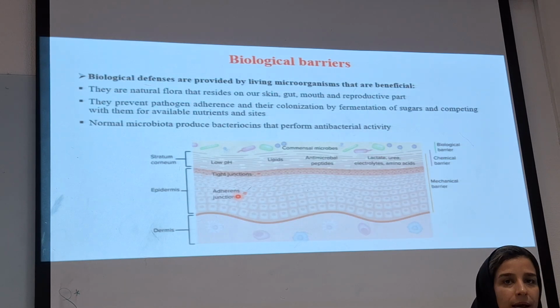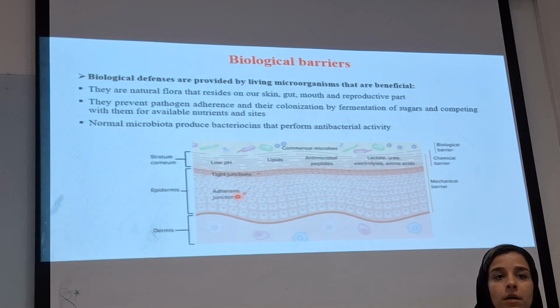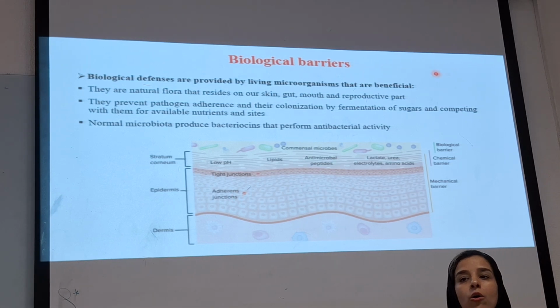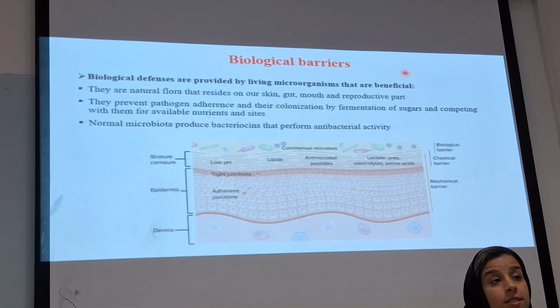Another barrier, apart from physical and chemical barriers, is biological barriers. On our skin surface, and also in our gastrointestinal lumen, we have so many beneficial bacteria. They aren't pathogenic.